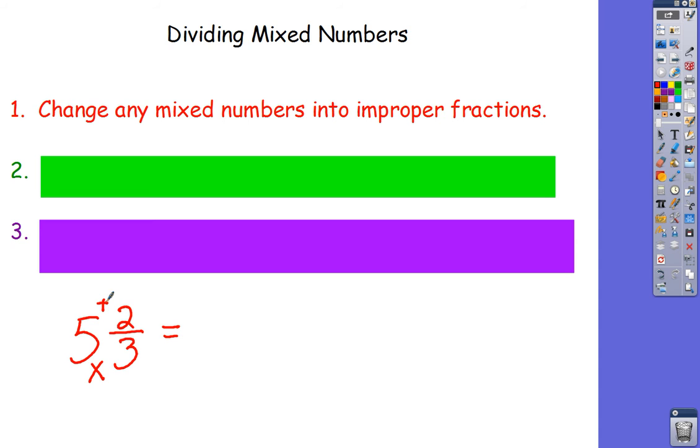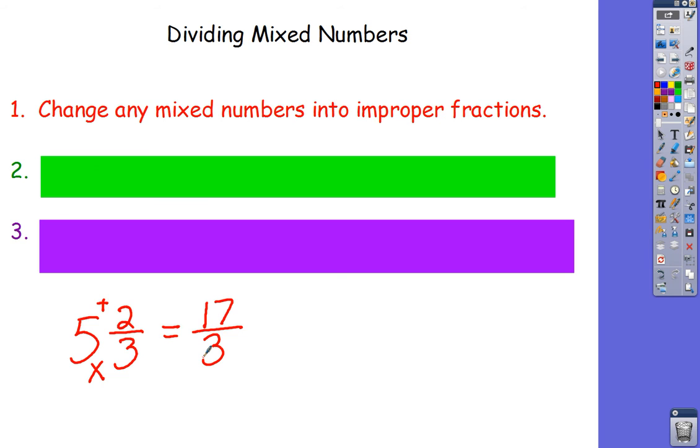So I'm going to do 3 times 5, which is 15, plus 2 is 17. That number becomes my new numerator, and my denominator stays the same. It's 3, it's not going to change. So 17/3 is equal to 5 2/3.